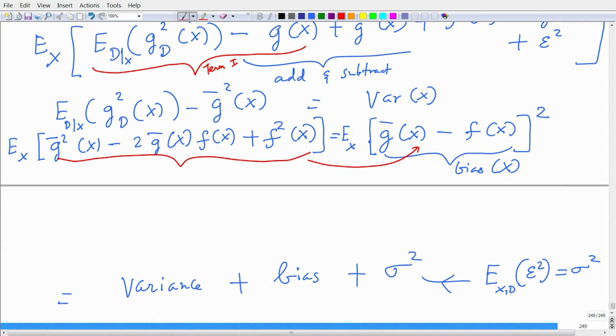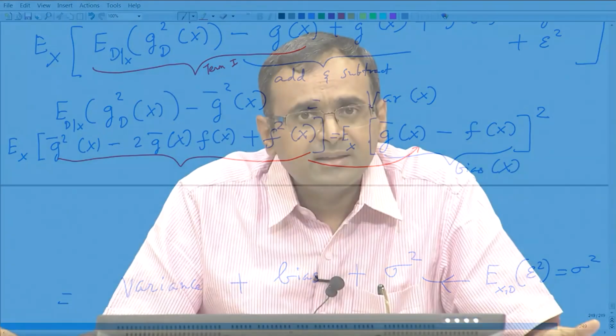So what it means is this error that I compute, which is averaged over the data points x and the data sets d, is having 3 terms. One is the bias, the other is the variance, and then sigma squared which I have to live with.